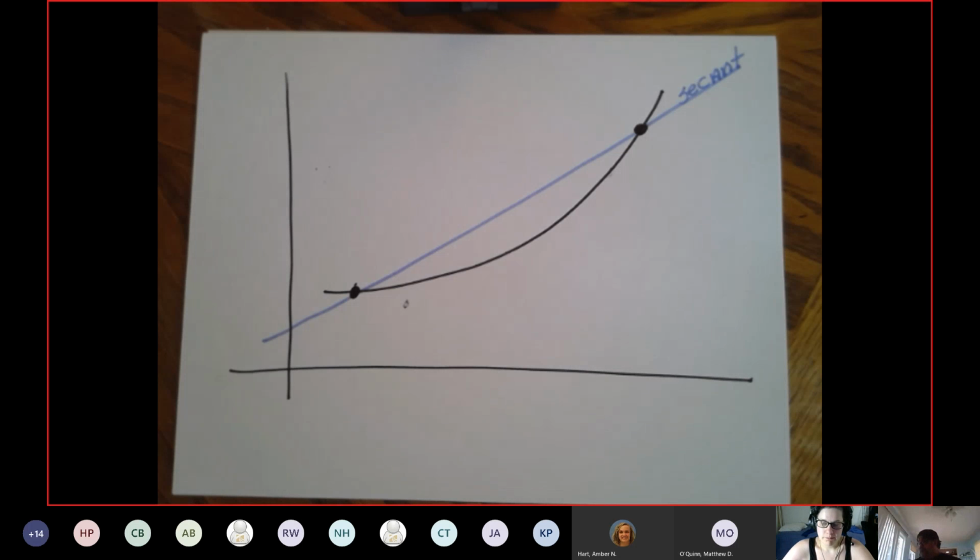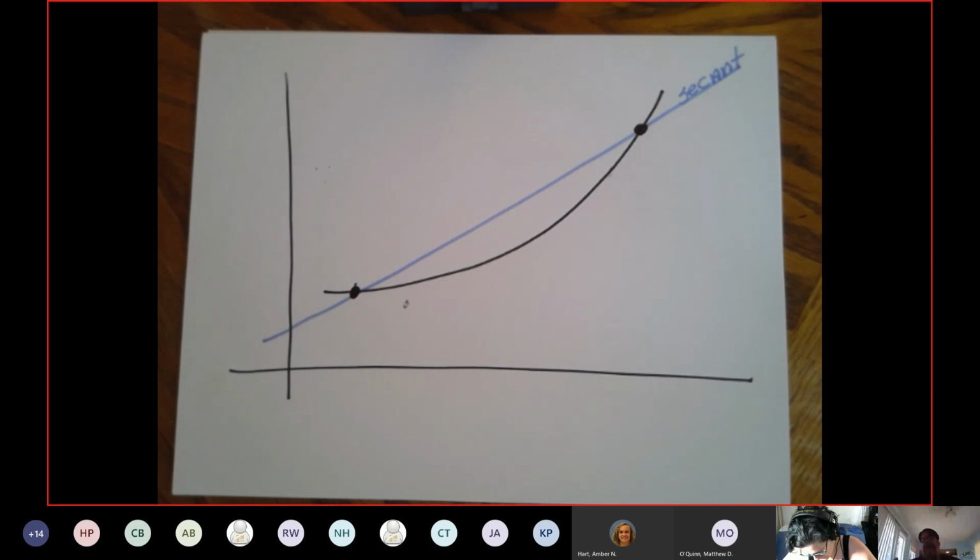Anyway, make a long story short, the secant line is worthless to us in first, second, and third semester calculus. It's useless to us in first, second, third semester physics, because we want to find the velocity and acceleration of a particle in space. That's what we want to find out, okay?